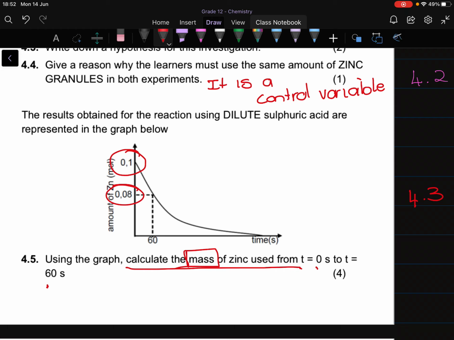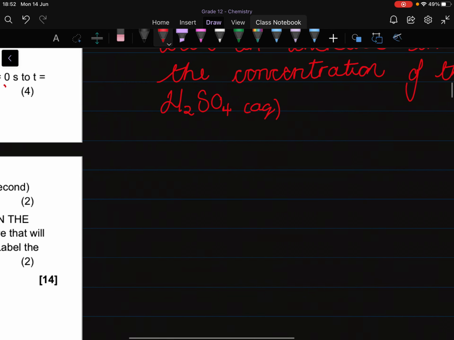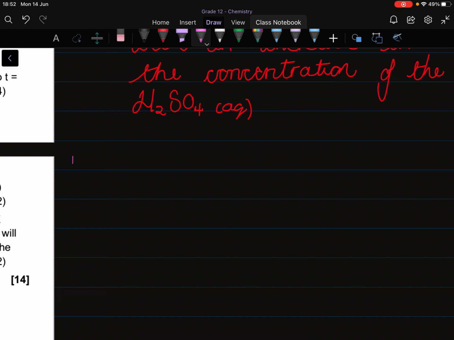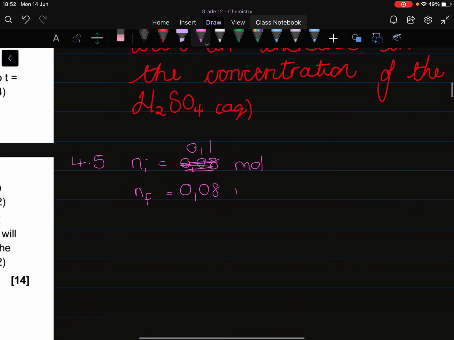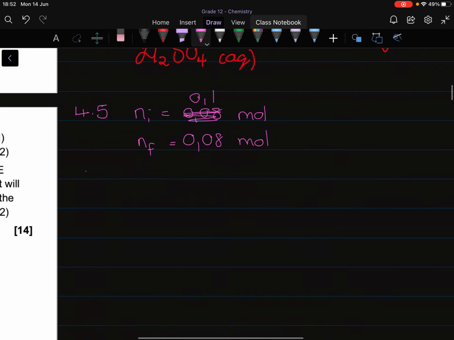First, I need to know how many moles were used. My initial number of moles was 0.1 and my final number of moles was 0.08. So the number of moles used is going to be 0.1 minus 0.08.